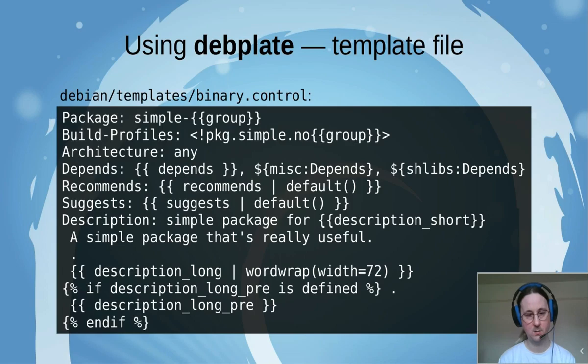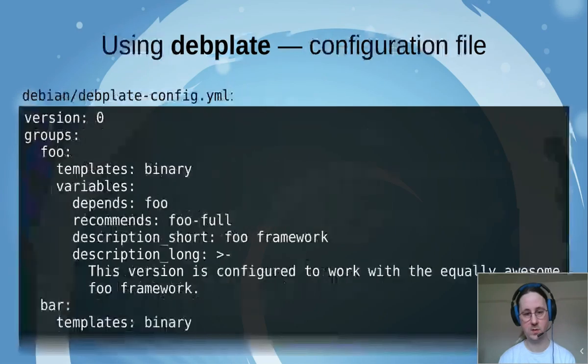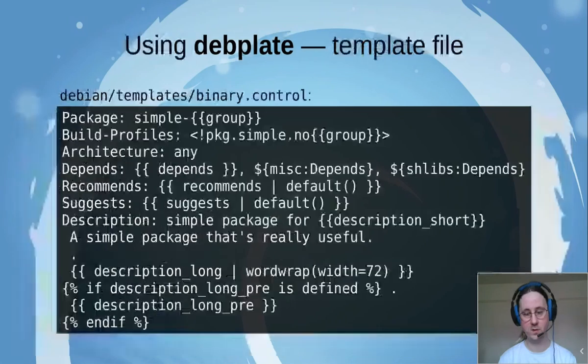Beginning with open brace %if, and there are also various filters you can use. You'll see on the recommends and suggests fields that they reference the recommends and suggests variables. The suggests variable is not defined for foo, but that's okay because we apply a filter there called default, which can be used to provide a default value if the variable isn't defined.